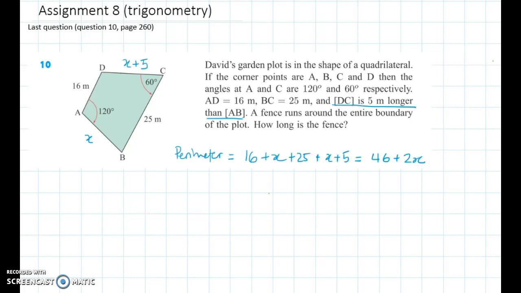To find the value of x, we are going to divide our quadrilateral into two triangles. Some of you found it tempting to divide in this sense over here, so ABC and ACD, but that's not going to work because once we divide in that way, we don't know any sides or any angle anymore, because we don't know if the line that we are drawing is cutting 60 in half or cutting 120 in half.